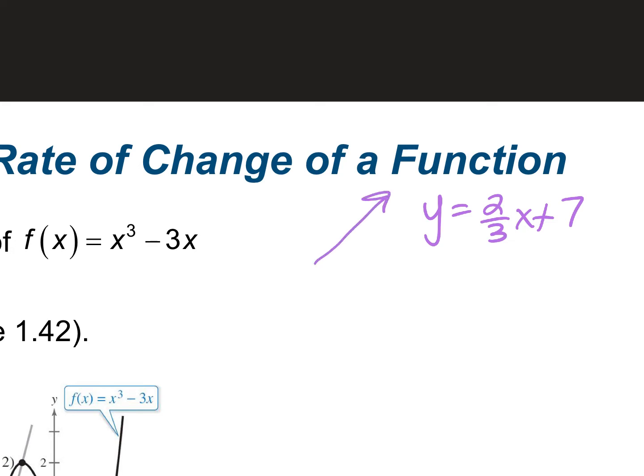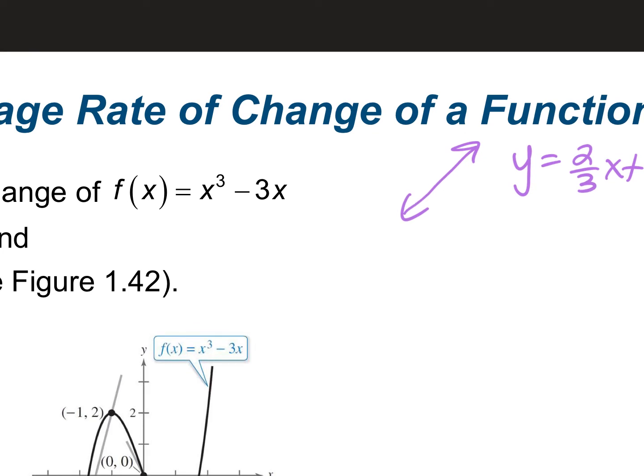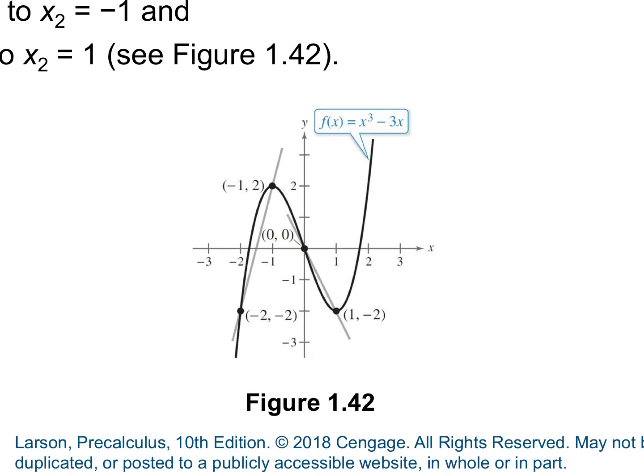Straight ones, right? Because in a straight line, your slope is constant. From one point to the next, it's the same. When you have a function with a higher degree than 1, x squared, x cubed, x to the fourth, you have what's called an average rate of change. It's the rate that the function changes over an interval.